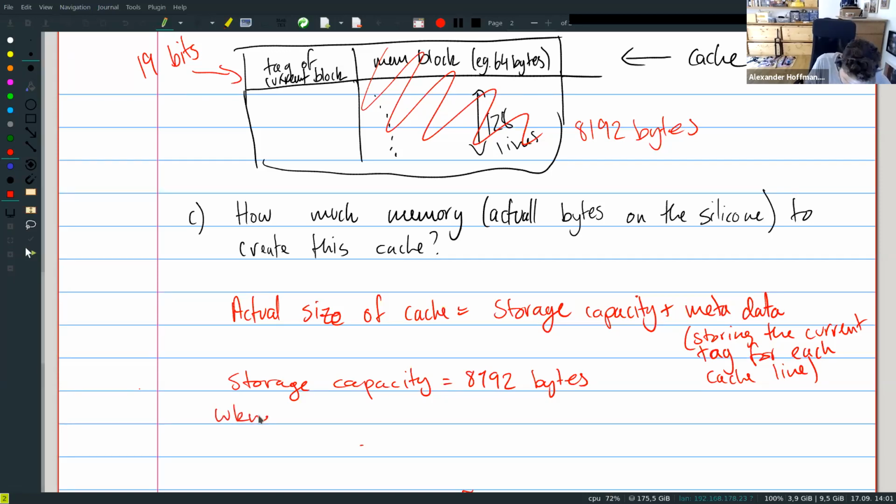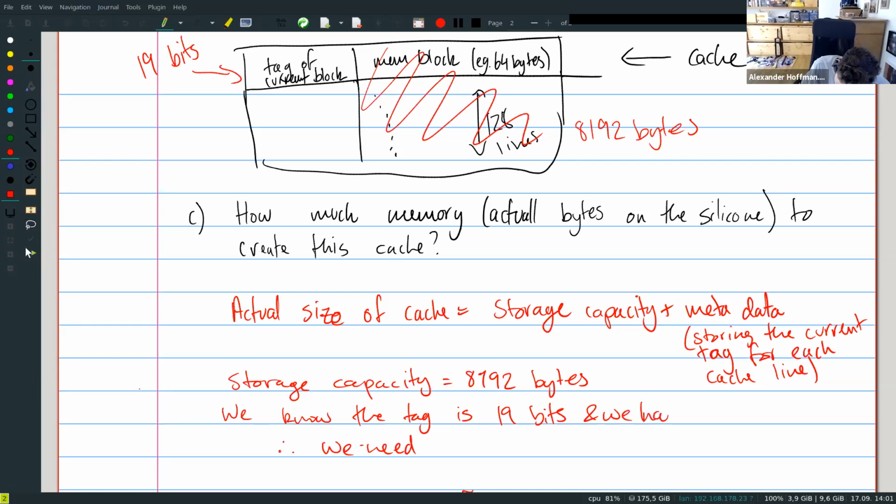We know the tag is 19 bits. And we have 128 cache lines. So we need 19 bits times 128 cache lines of metadata.